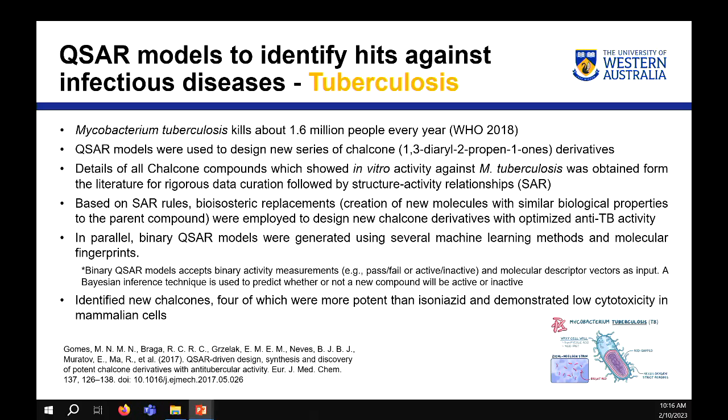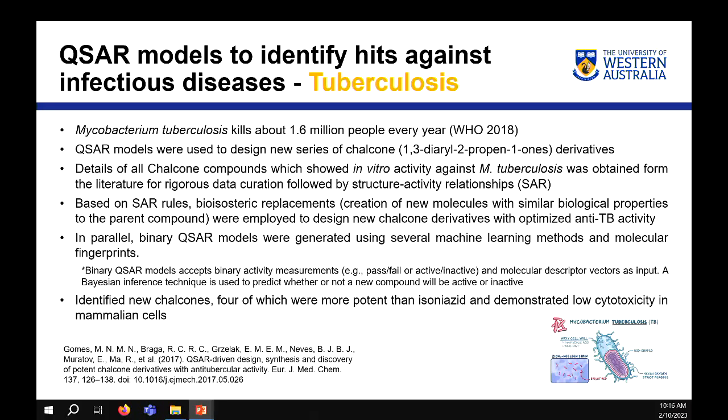Details of all chalcone compounds which showed activity in vitro against Mycobacterium tuberculosis were obtained from the literature. They did a rigorous data curation followed by structure-activity relationships. And then based on these structure-activity relationships, they were able to design new chalcone derivatives with optimized anti-TB activity.